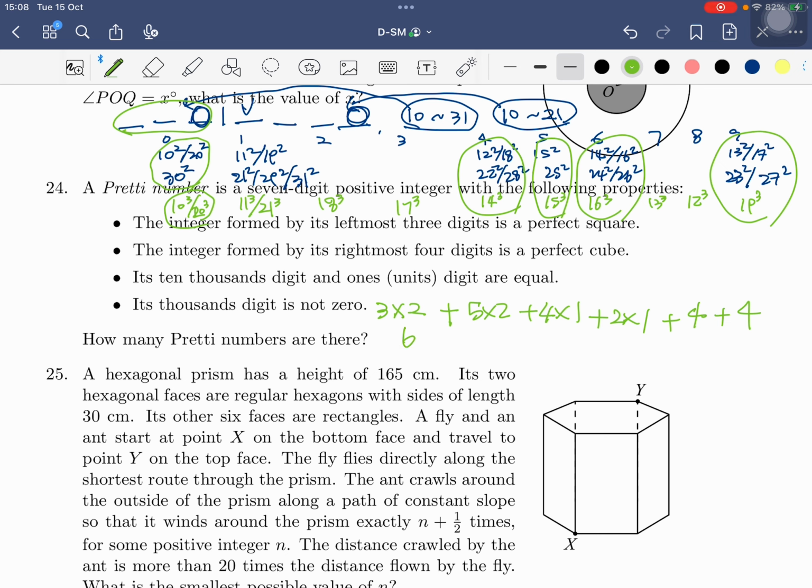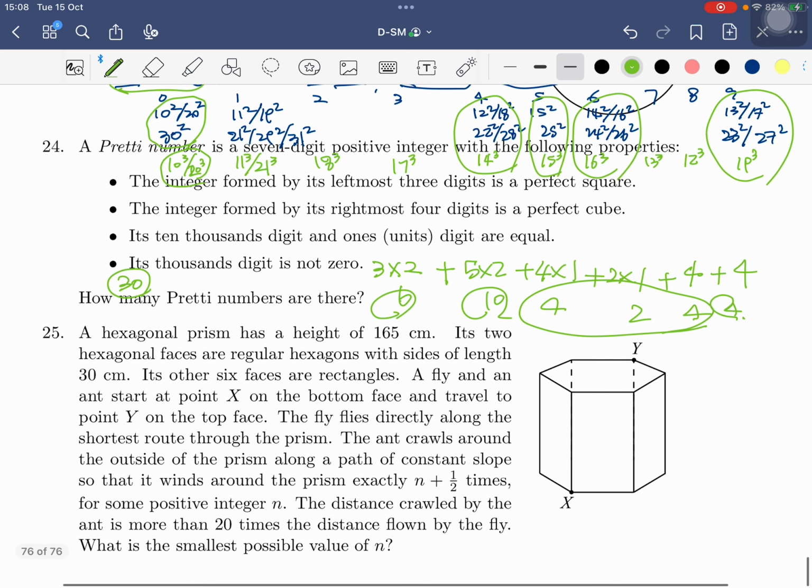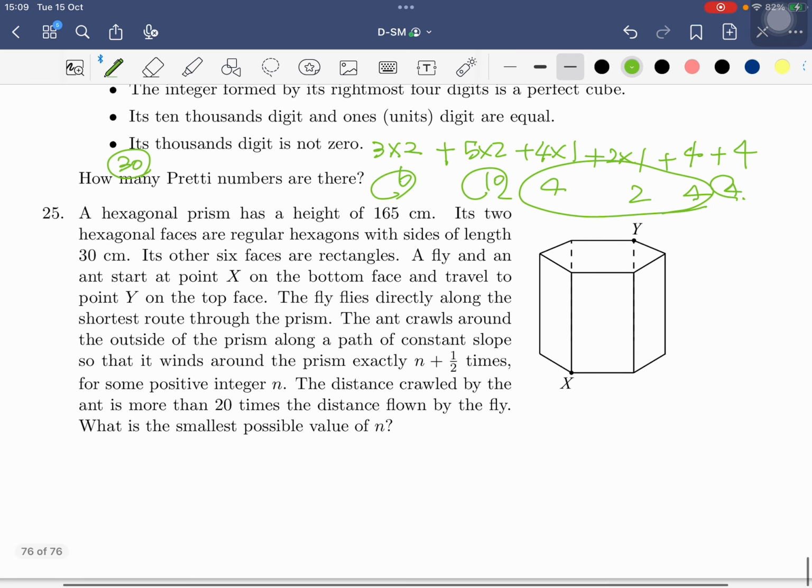So 6, 10, 4, 2, 4, 4, 10, 20, 30. So there are 30 pretty numbers for these 7-digit positive pretty numbers.